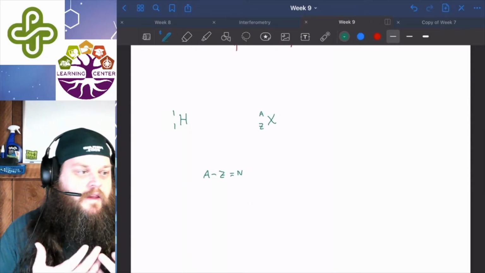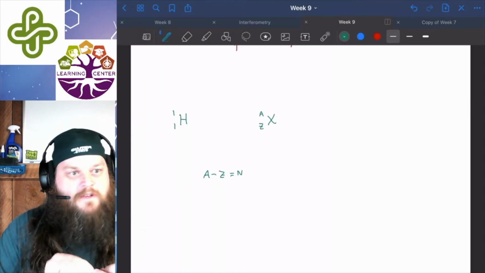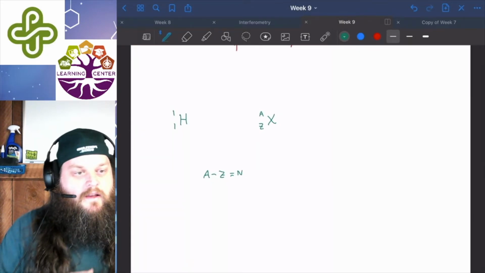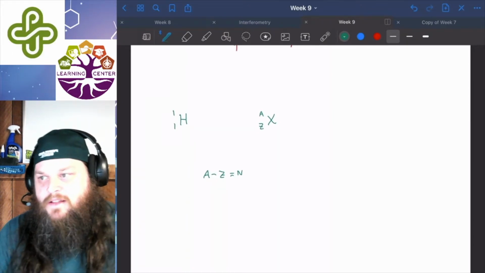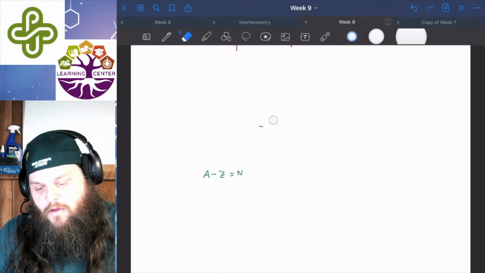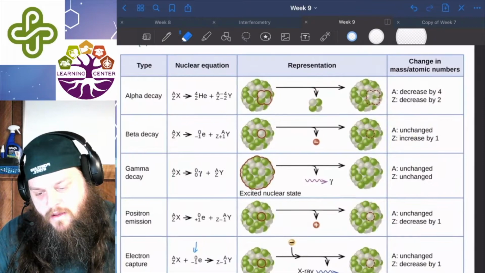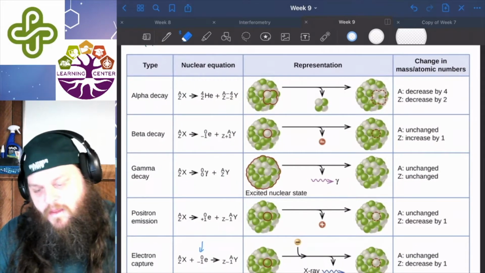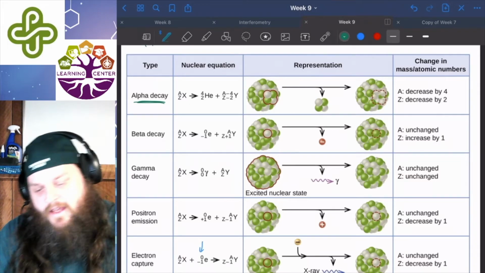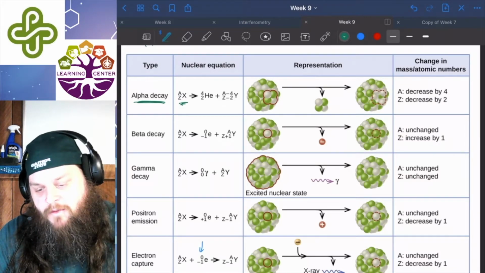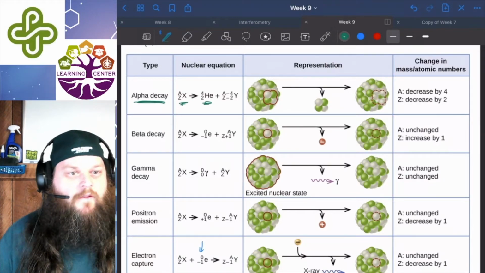And the neutrons can change in an atom a lot, where if a proton changes, it actually changes to a different element on the periodic table. So these elements can decay and change and release different forms of radiation. I'm going to go through some of the different forms here. We have the alpha decay. Alpha decay is when you have this atom and it releases a helium atom, helium-4. We call that an alpha particle.